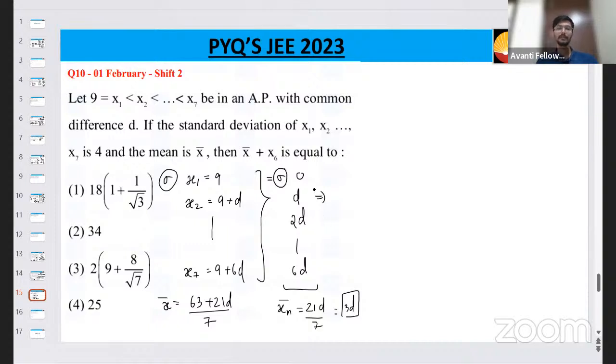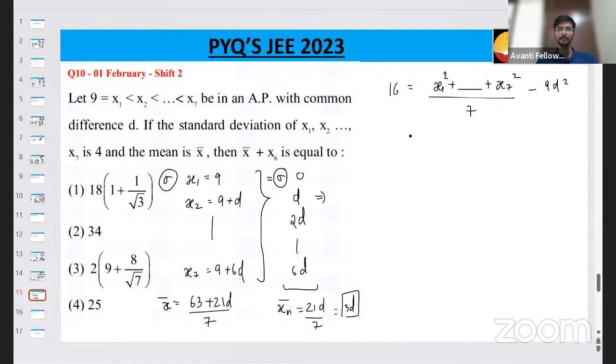It is better to calculate for this, right? Because of ease of calculations. So the standard deviation is 4. That means variance is 16. So that means x1 square plus up to x7 square upon 7 minus 9d square. Correct?